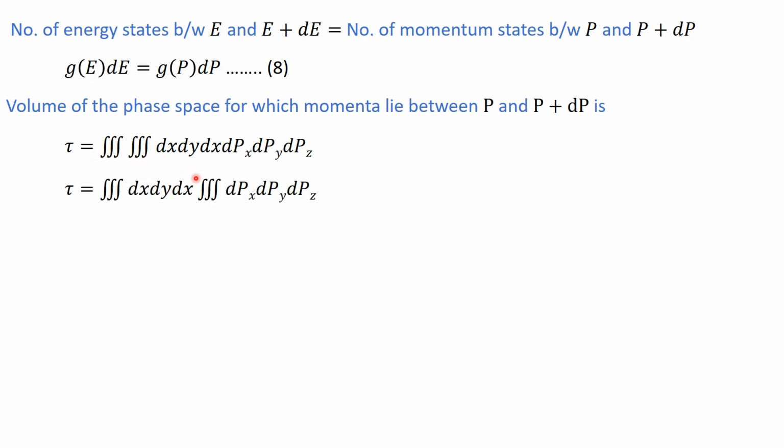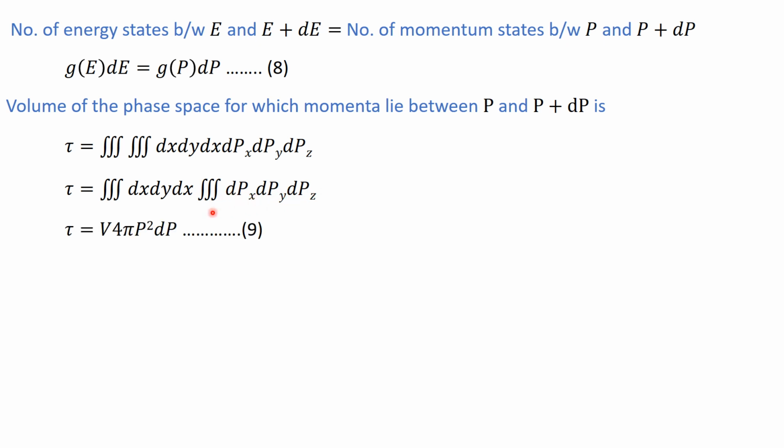So we can rearrange this like this. This one will give you the normal spatial coordinate volume, and this gives you the momentum of the spherical shell in the phase space.